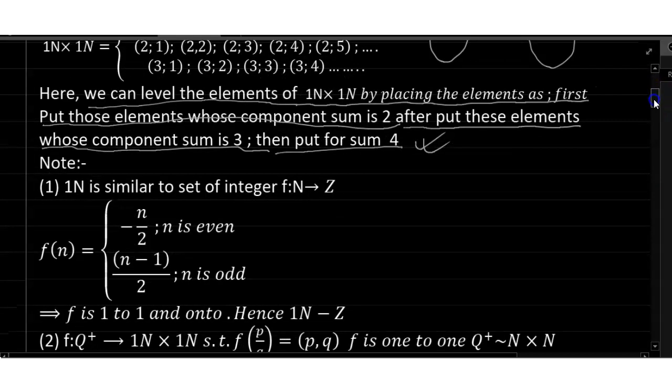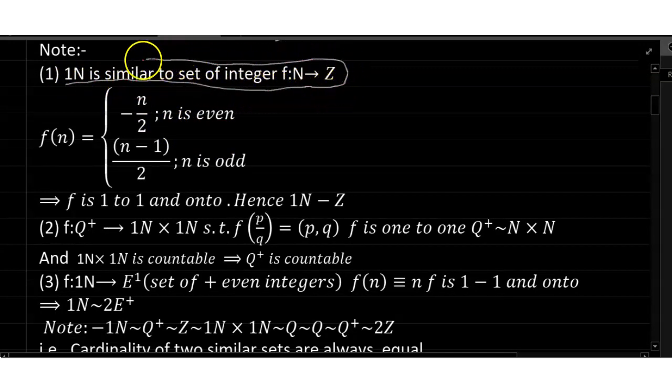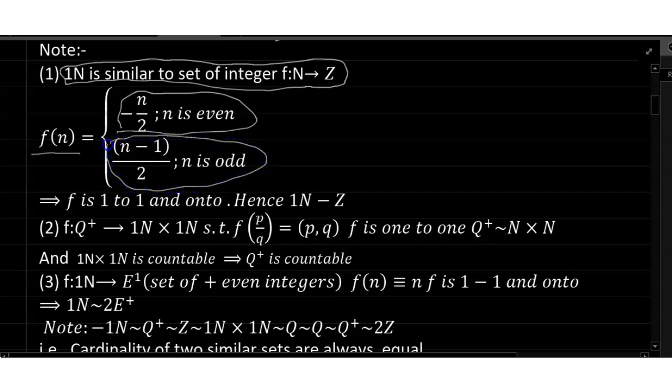Another example: N is similar to the set of integers Z. Define f from N to Z such that f(n) is equal to minus n by 2 when n is even, and (n minus 1) divided by 2 when n is odd.